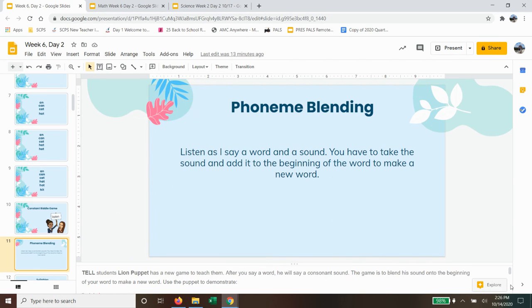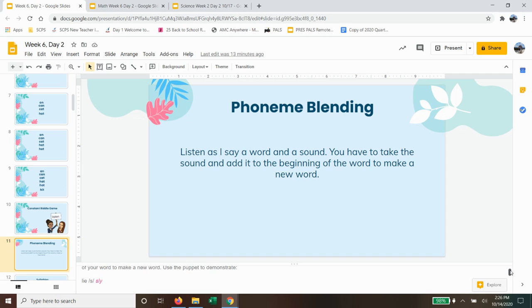Then we did a phoneme blending where I asked the students the first sound of the word and then the last sound of the word and what the word actually was. So for example, I said sly. What's that word? Sly.